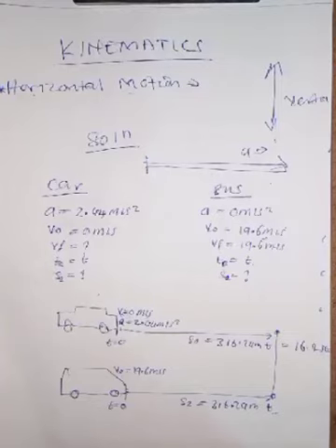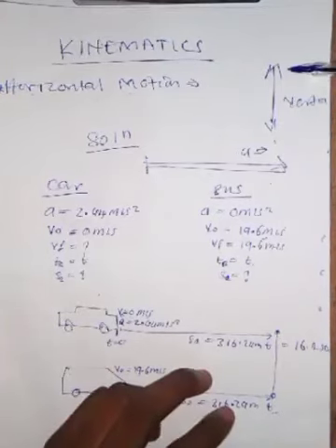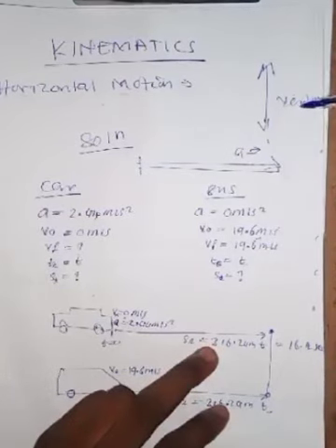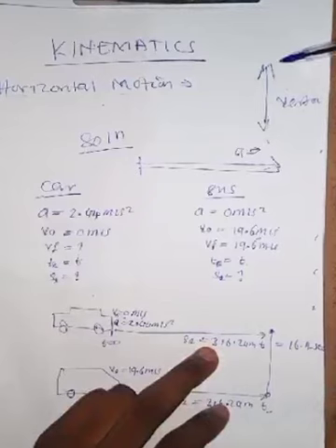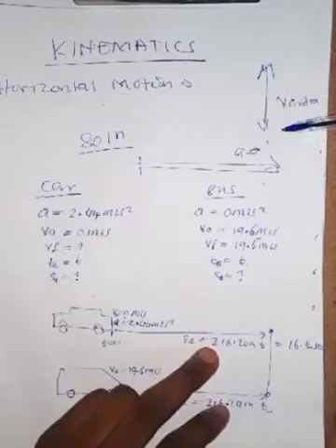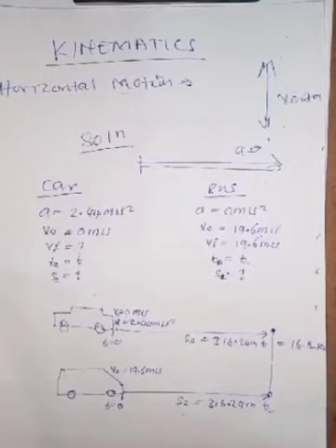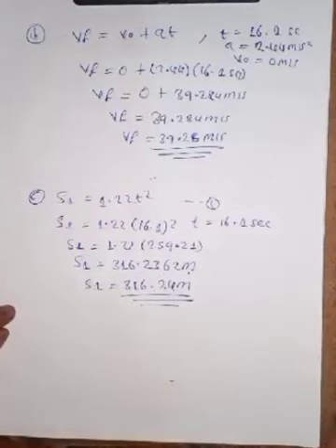We just have vehicles moving in horizontal motion on the road. I'm pretty sure you are very clear about that, Innocent. So next time we are meeting, we are coming for vertical motion, the one that involves object falling and object thrown upward. I'm pretty sure, Innocent, you can confirm that.